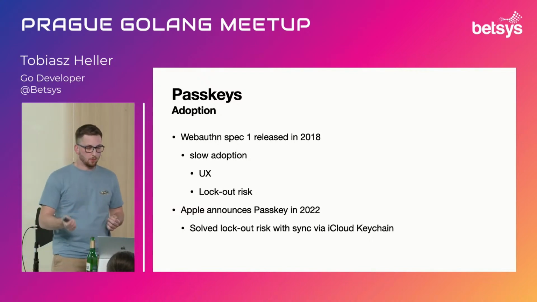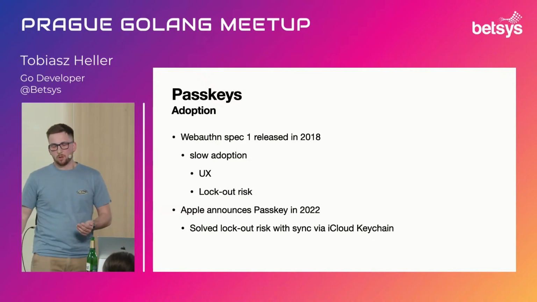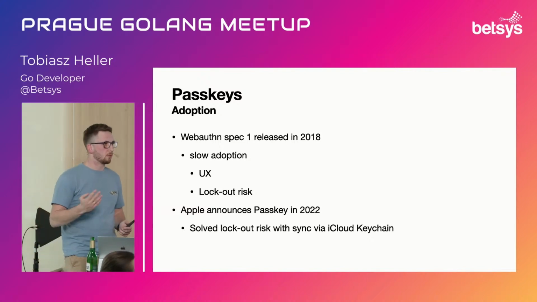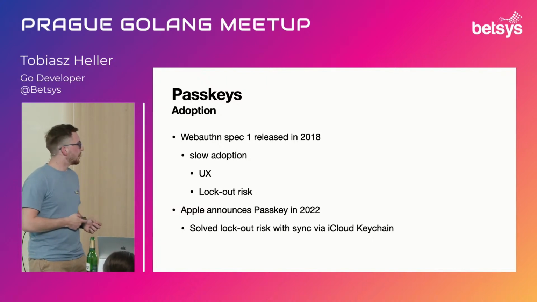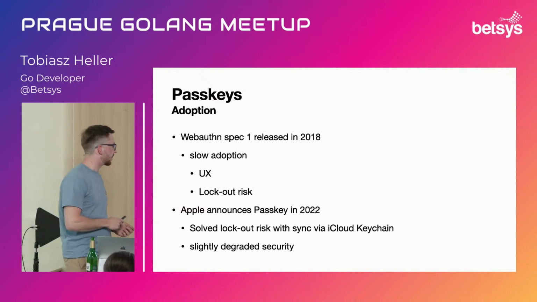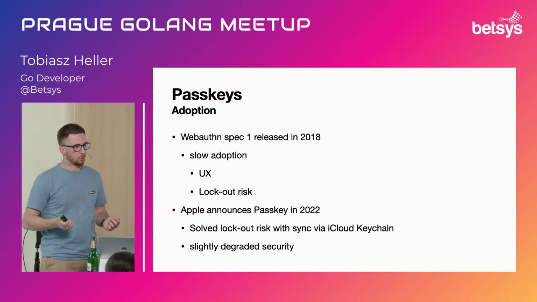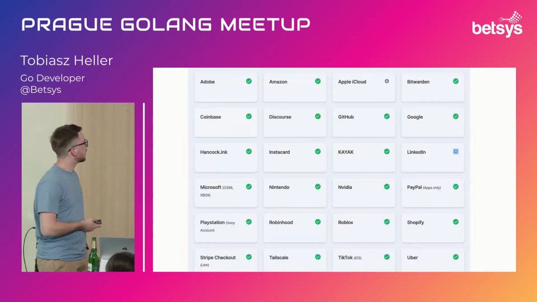So whenever you create a passkey, it will be available on all your other Apple devices. And even if you lose your device, as long as you can recover your Apple ID, the passkeys will be there. It's worth mentioning that this is slightly degraded security, because now these passkeys are exportable somehow, but that's how they improved the UX of it.